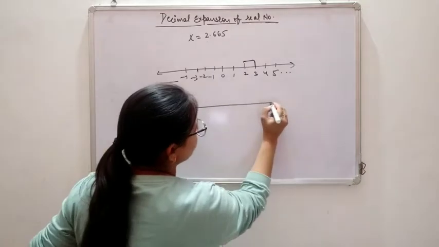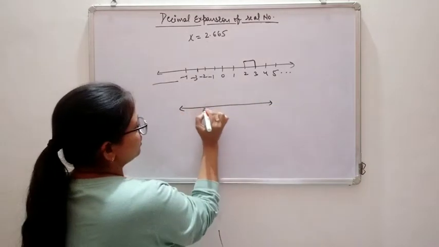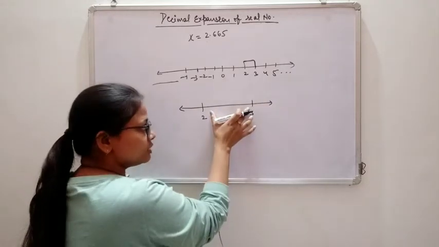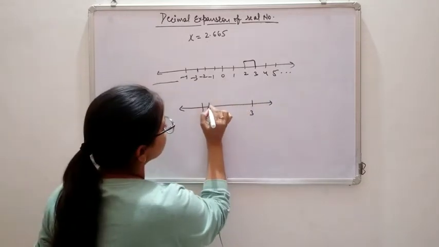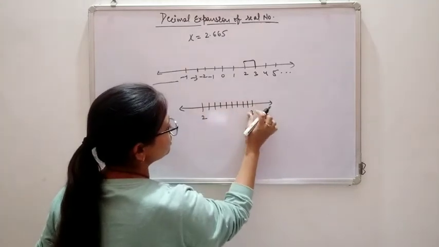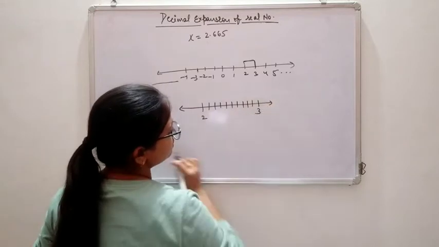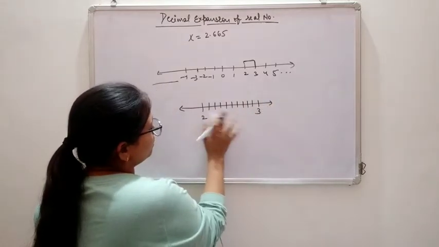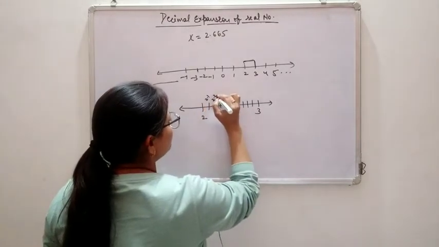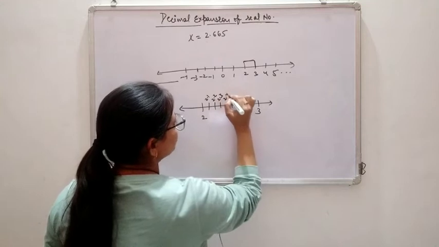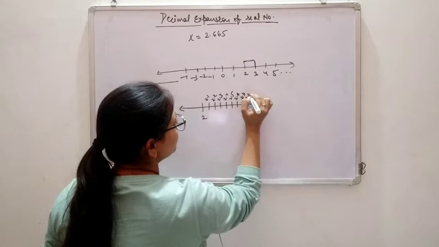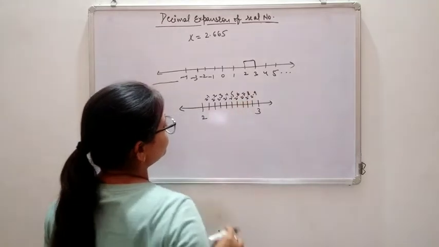So let's take a number line again. Let's suppose this is 2 and this is 3. Clear? So divide this portion in 10 equal parts. 1, 2, 3, 4, 5, 6, 7, 8, 9 and 10, right? Alright, and mark it as 2.1, 2.2, 2.3, 2.4, 2.5, 2.6, 2.7, 2.8, 2.9, right?